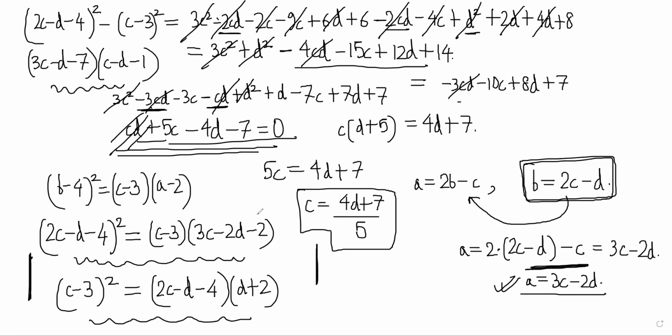And now the question is over, because what we can do is put this back in the first equation. The first equation meaning these two equations were available to us. We can put the value of C back in this equation or in this equation to solve for C and D. I have 5C is 4D plus 7.